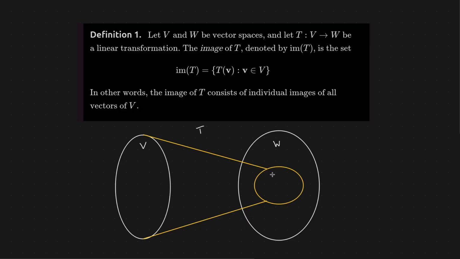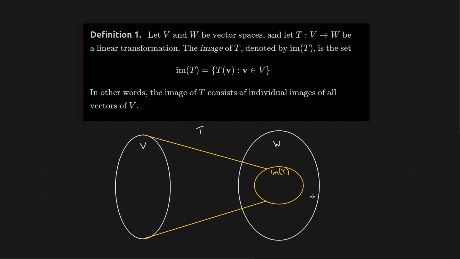The portion that vector space V fills is the image of T. So in this drawing, that'd be just that section. That's where everything in vector space V goes when we apply the transformation. That place is called the image of T. You probably have learned to call it a different name in algebra class.